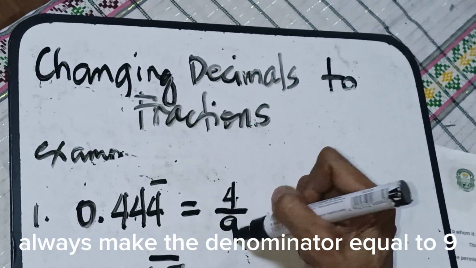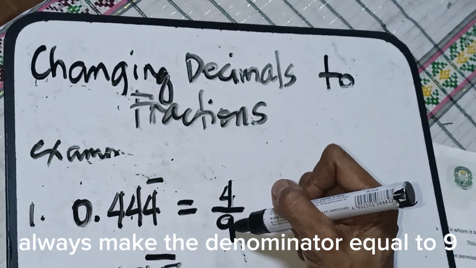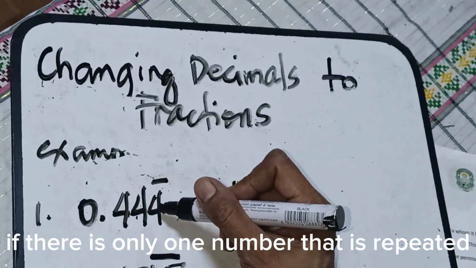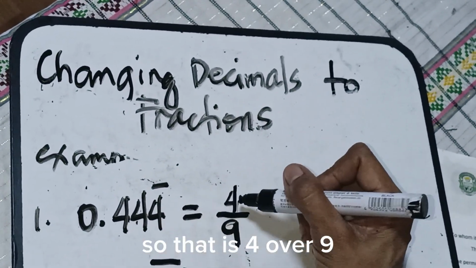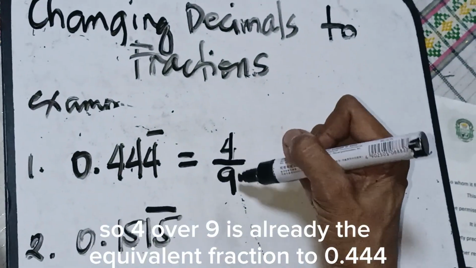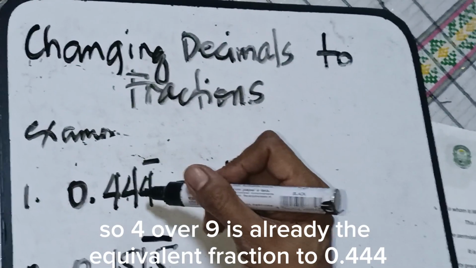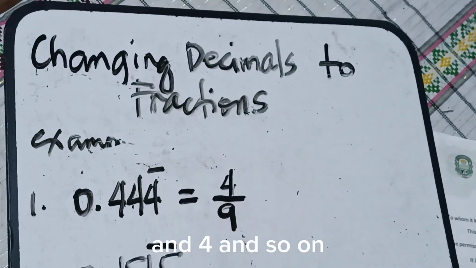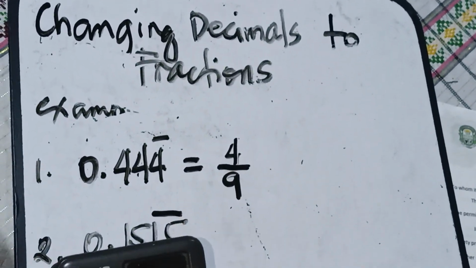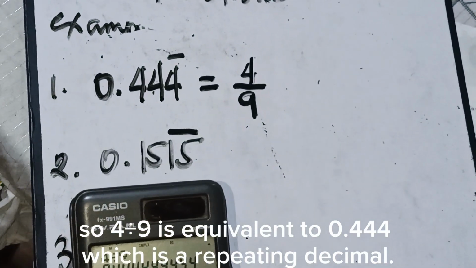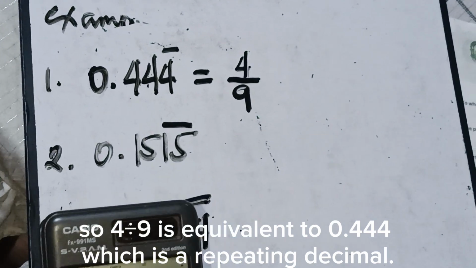Always make the denominator equal to 9 if there is only one number that is repeated. So that is 4 over 9. So 4 over 9 is already the equivalent fraction to 0.4444 and so on. To check, 4 divided by 9 is equivalent to 0.444, which is a repeating decimal.